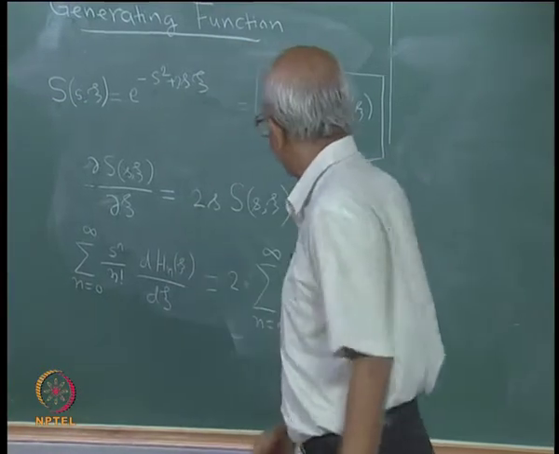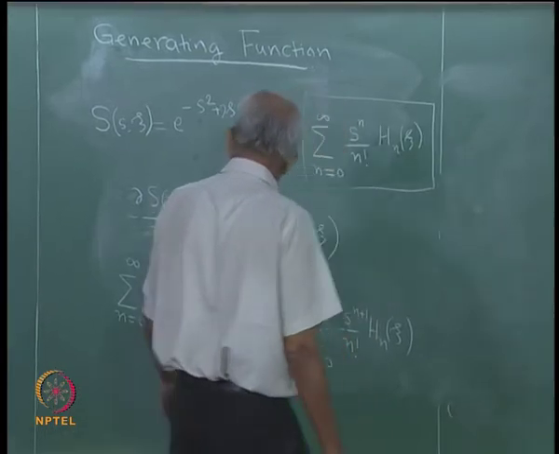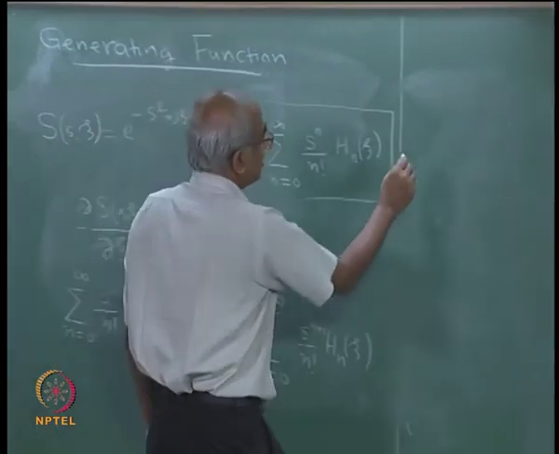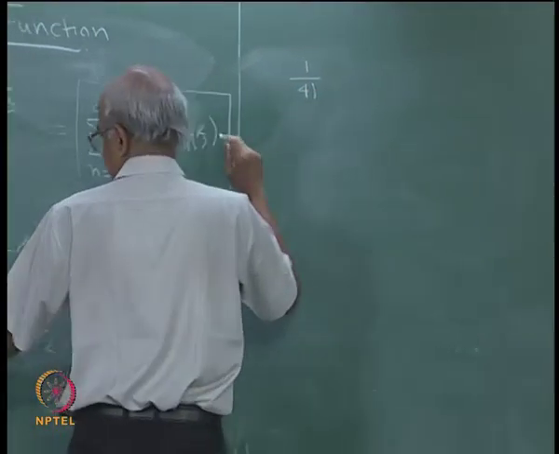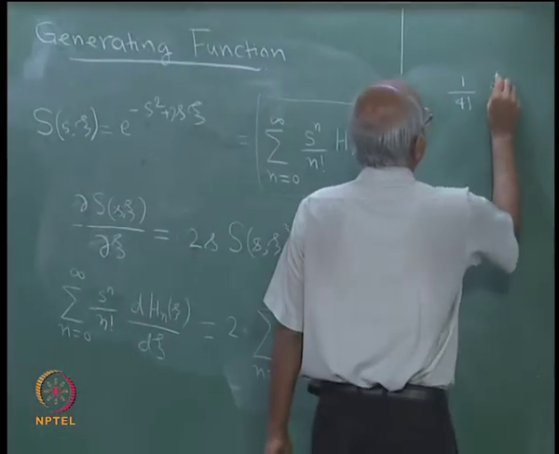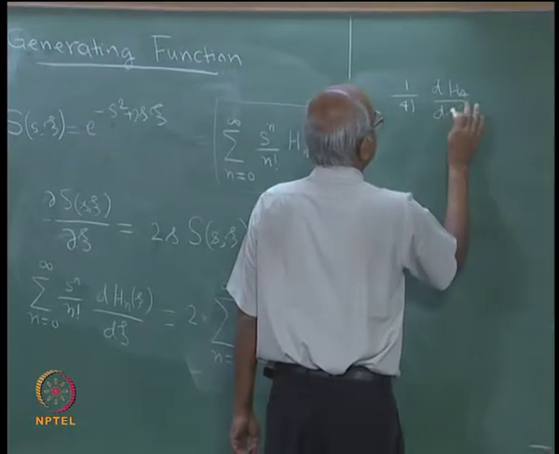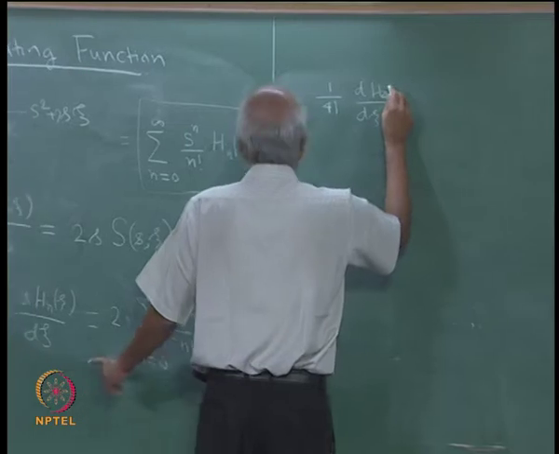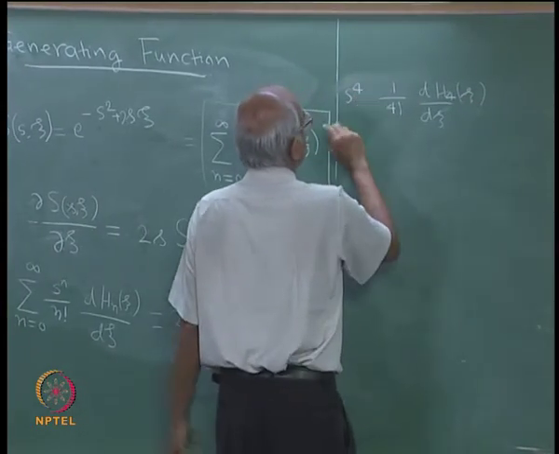So let us say I want to look at the coefficient of s to the power of 4 on the left hand side. What is it? It is actually 1 by 4 factorial dH4 by dc. That is the coefficient of s to the power of 4 on the left hand side.